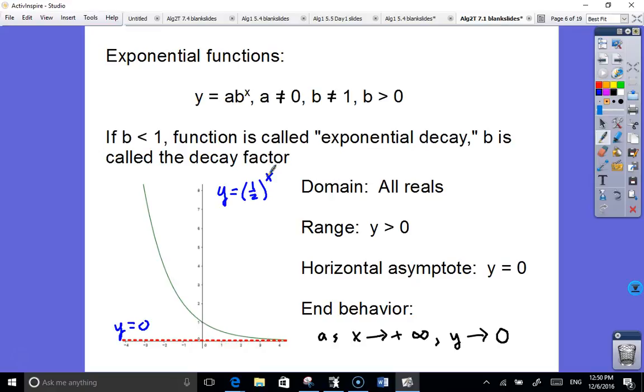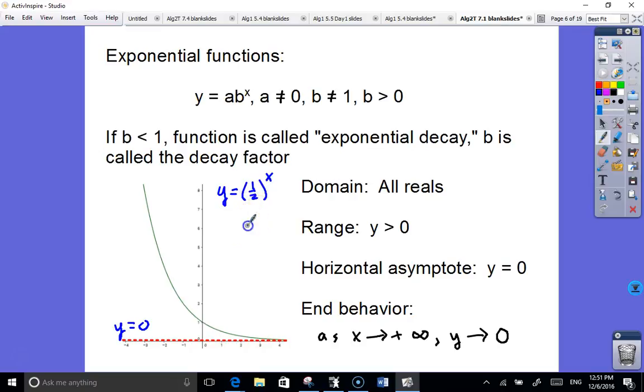Now, what we're doing right now, they're going to say, because the b is less than 1, this is exponential decay. But you could actually have a different standard for this. 1/2 is 1 over 2 to the first.